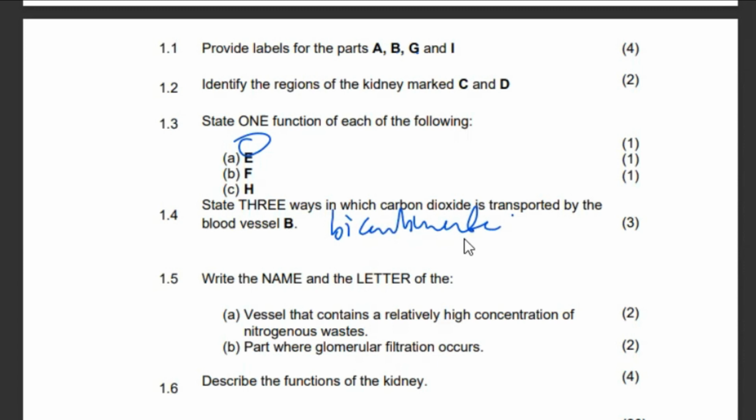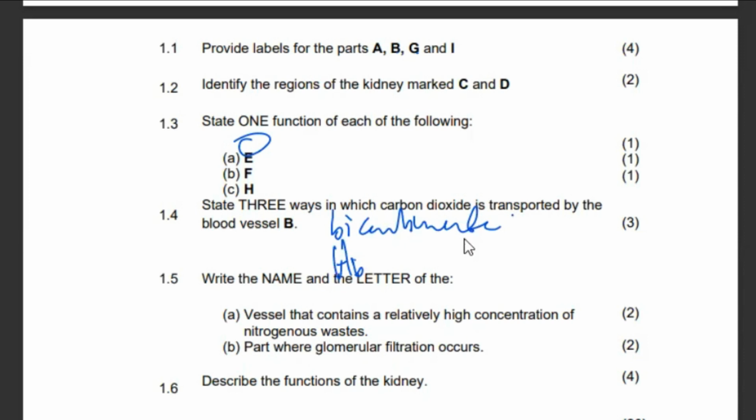Yes, it's linked to hemoglobin, it's carbohemoglobin. And then it can be transported in the form of a solution, in the plasma. It can be dissolved.